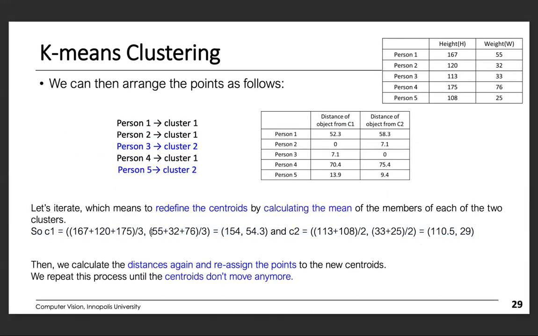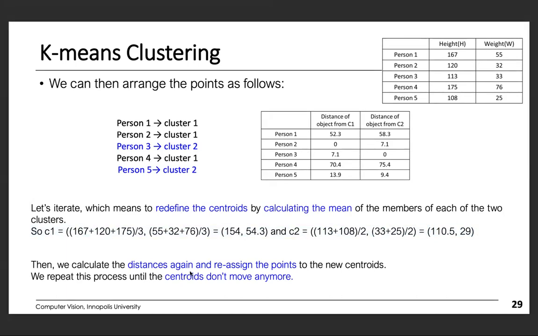And the y point would be 55 plus 32 plus 76, divided by 3, which is equal to 154 and 54 as a weight. Whereas C2 will be equal to 113 plus 108 divided by 2, and 33 plus 25 divided by 2, which is 110.5 and 29.